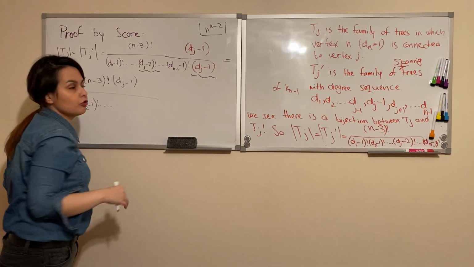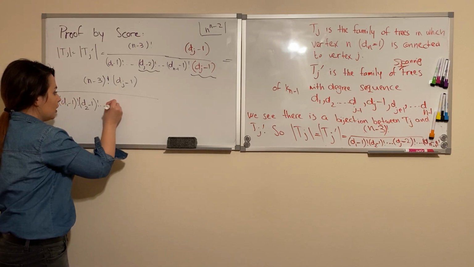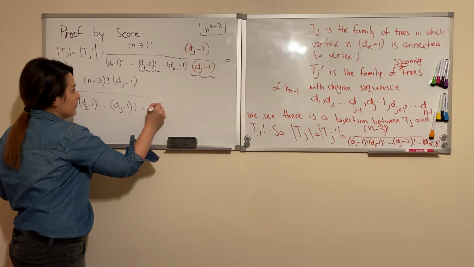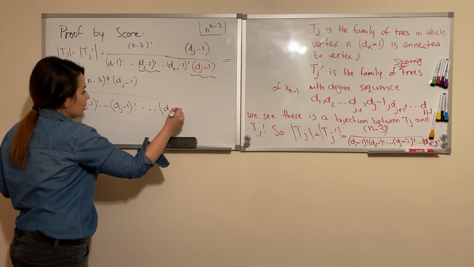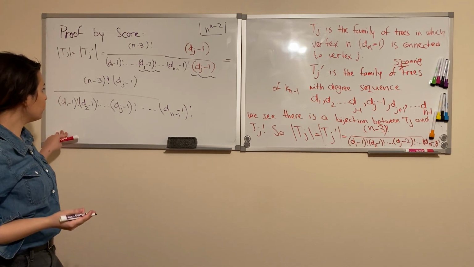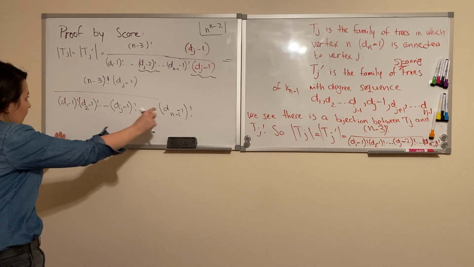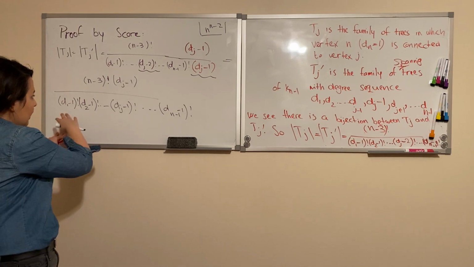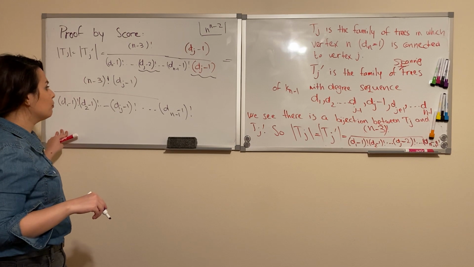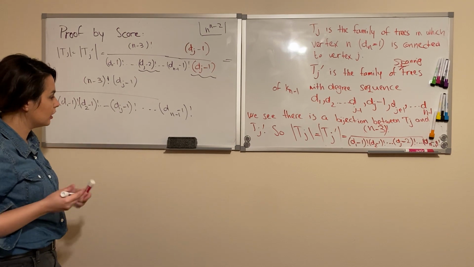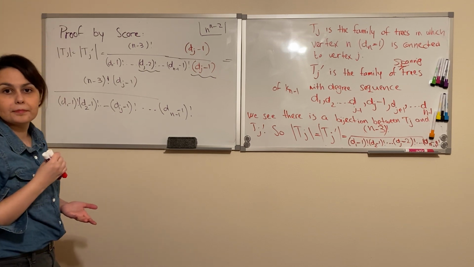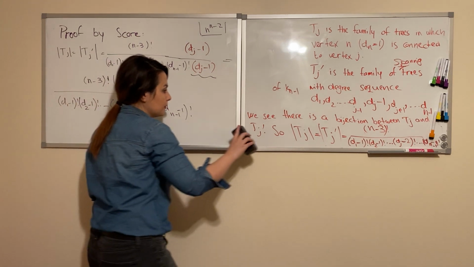So if I multiply by dj minus 1 as well, it becomes dj minus 1 factorial, all the way to dn minus 1 minus 1 factorial. Yes, so far we are good, because I have the same degree sequence and a better denominator now. And now what is the thing that I actually need to prove? Let's see.